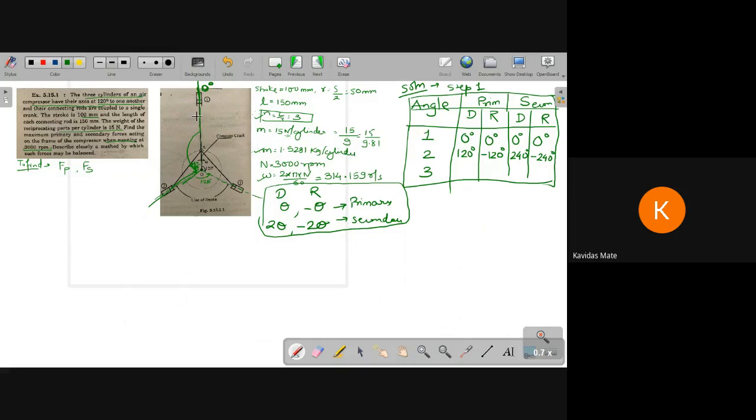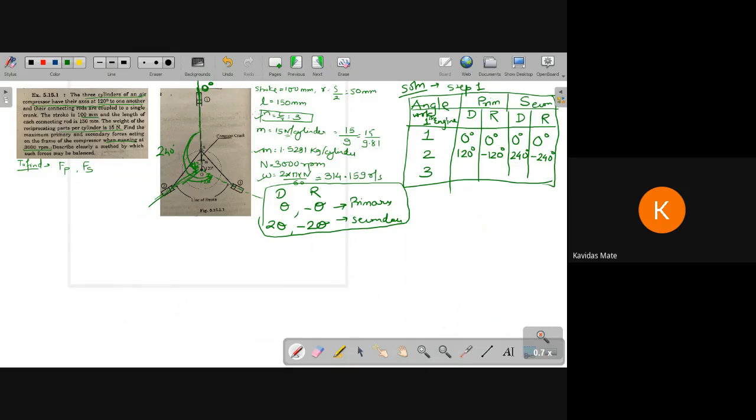For the third, again measuring the angle with respect to engine 1, that is what I am writing here, first engine. So for the third, what would be the measure? This is 120 and again this is 120. So the total between 1 to 3 would be 240 degrees.